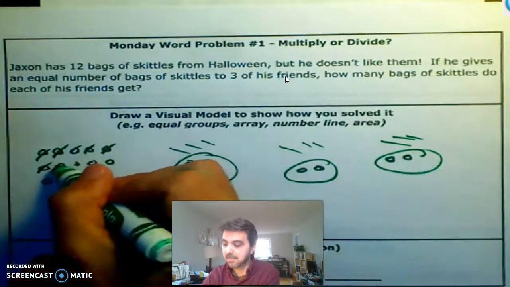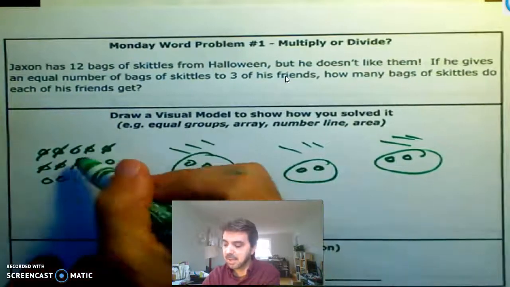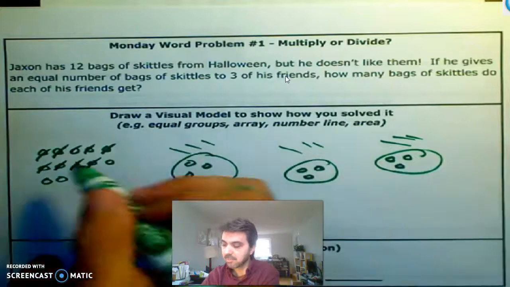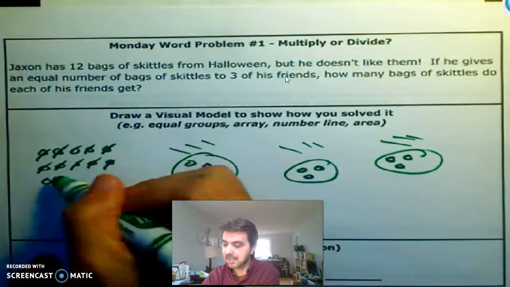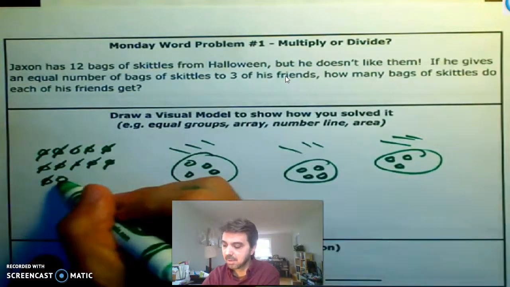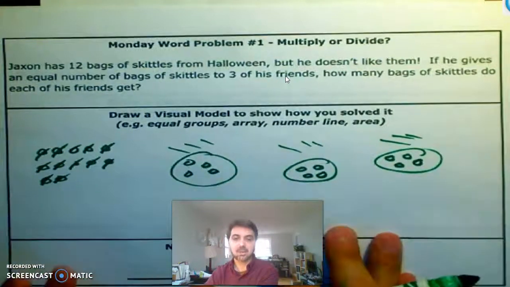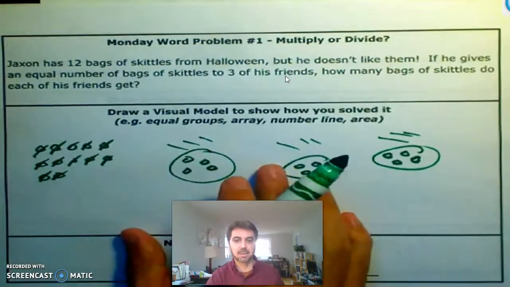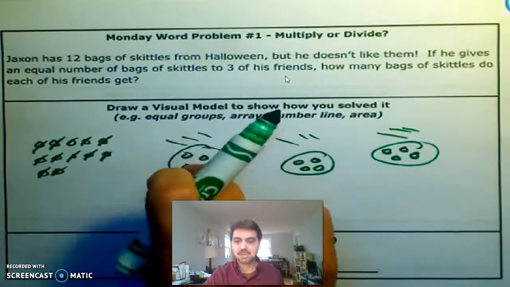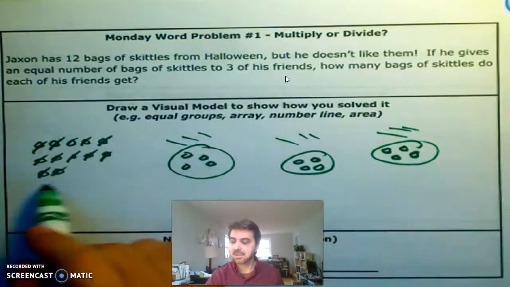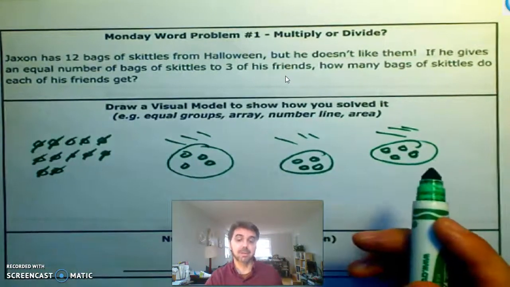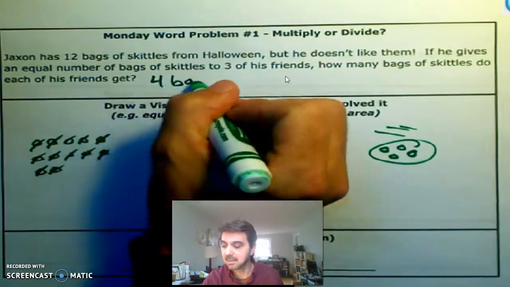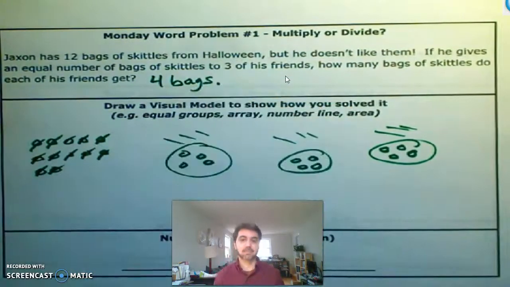These represent bags of Skittles. So let's see if it ends up being equal. Okay, so it looks like each person gets 4 bags of Skittles. The big circles represent each friend, and these are the Skittles, so that's one way you could solve it. So each friend is going to get 4 bags, right?